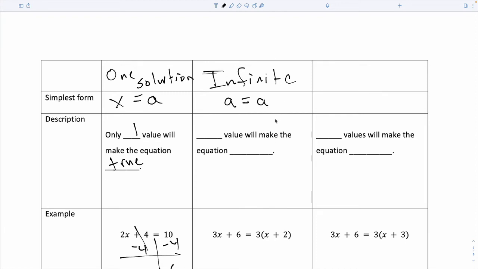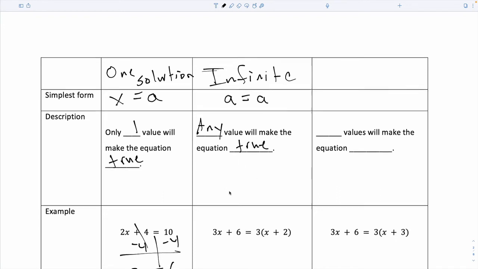A number equals another number. And if it's infinite, any value for x will make the equation true. You can plug in any number, 1,000, -5, 2, any number you can plug in for this equation, and it will have a true answer if you work it out.